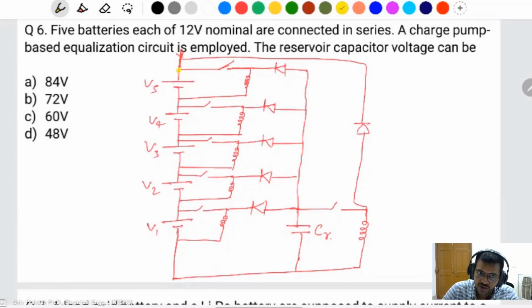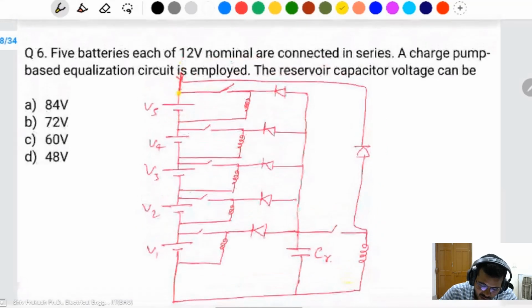After that, switch off this one, then this inductor current will flow through all the batteries and a capacitor through the diode, this one, in that phenomenon, and capacitor will be charged. To discharge this one, it will be discharged through this inductor, and the whole inductor circuit current is flowing through the whole battery pack. This current flows like that. This is a charging phenomenon.